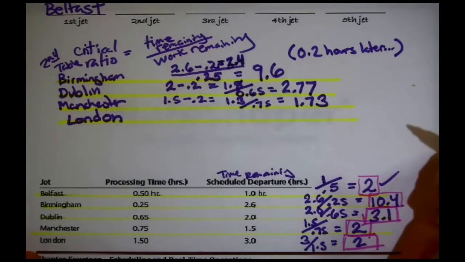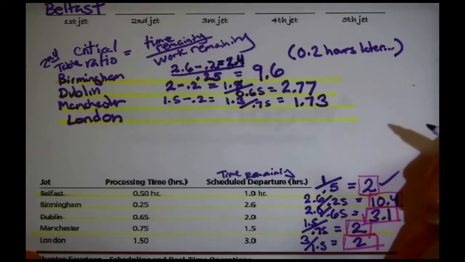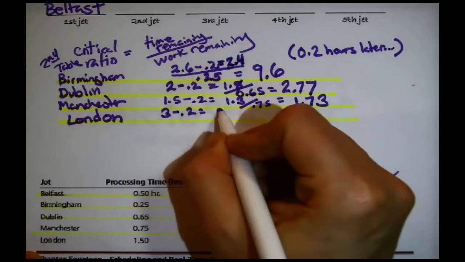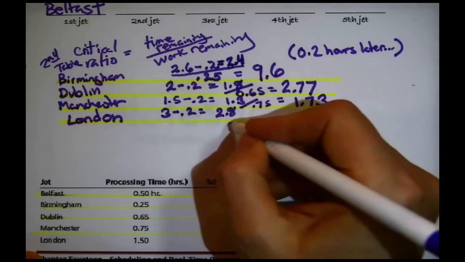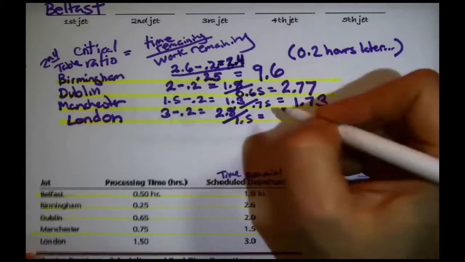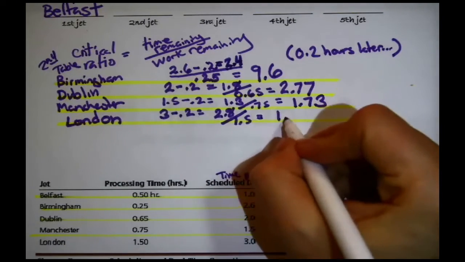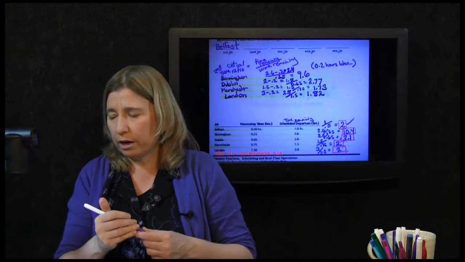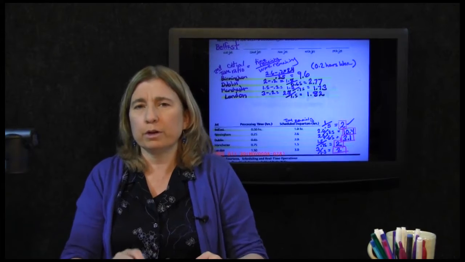So, okay. And then let's see, London. London wasn't going to leave for 3 hours, but now it's 0.2 hours later, so now it's 2.8 hours until the London flight has to leave. It's still the same old 1.5 hours to process it, so with the adjusted rule, having aged it by 0.2 hours, the value is 1.82.